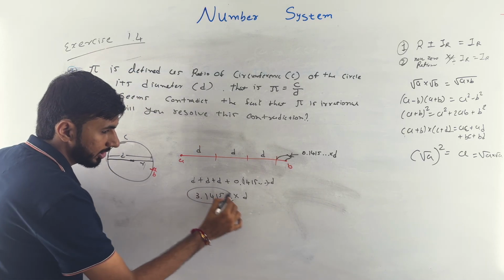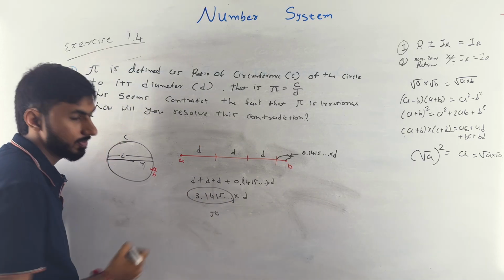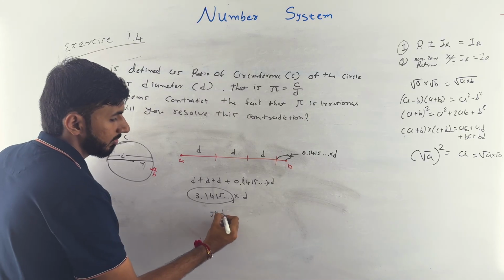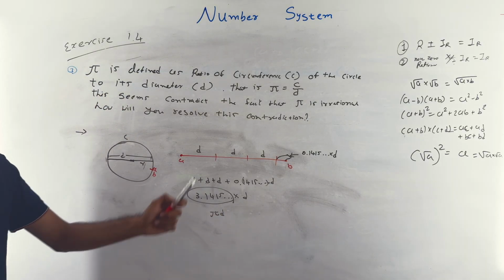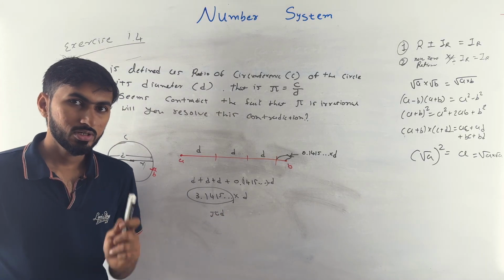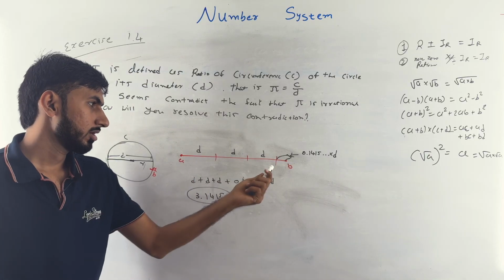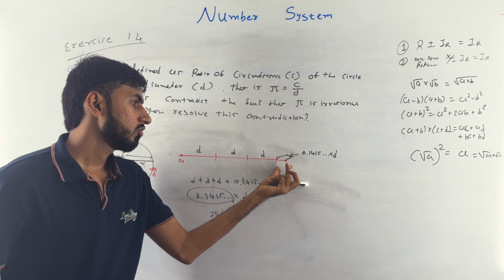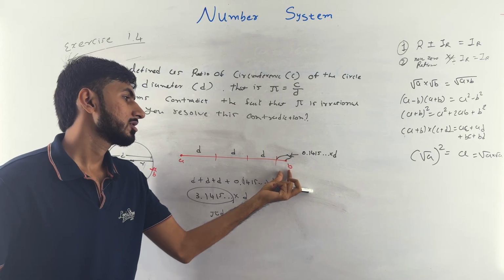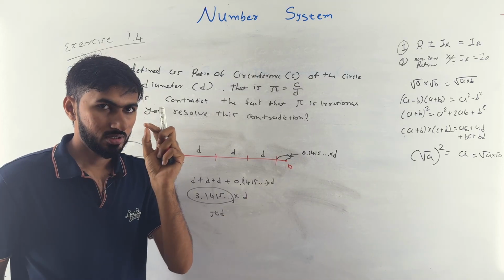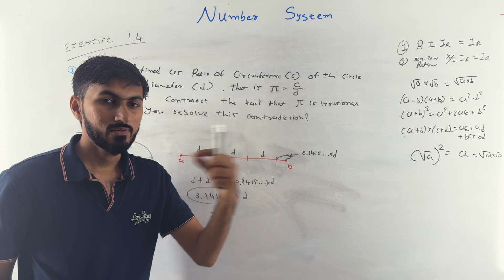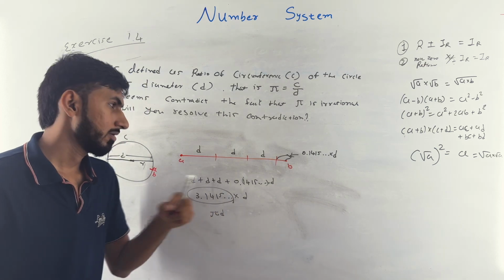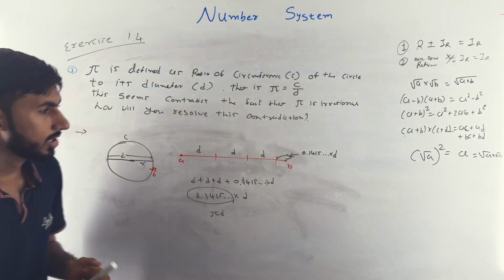So the value of this is pi multiplied by d. You can try to measure the length of any particular circle. This remaining length gives the exact value of the decimal digits after 3 in the value of pi, right?